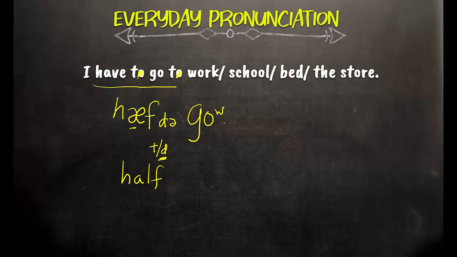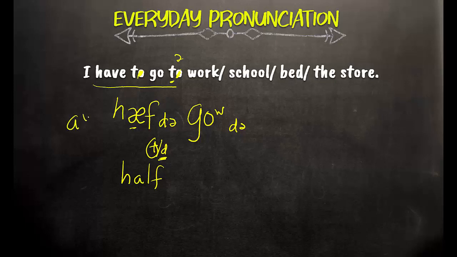Because there's a vowel before it, and because the T right here is after a vowel sound in front of a weak syllable, don't worry too much about that, but we're going to soften the D. We get another D. And the O here turns into a schwa. Here we go. We have "have to go to." Have to go to, have to go to.